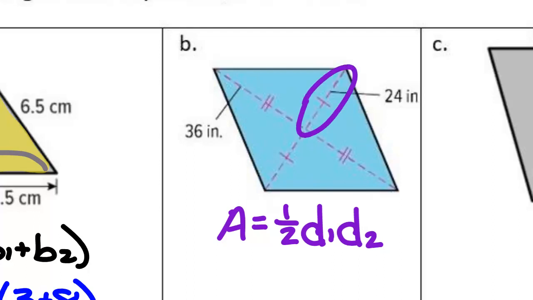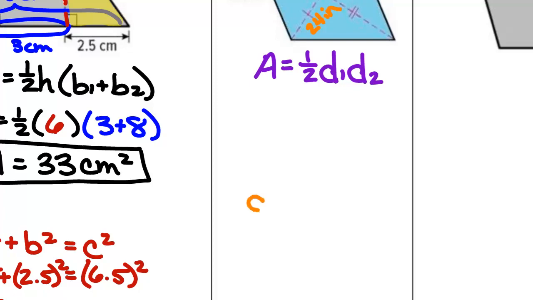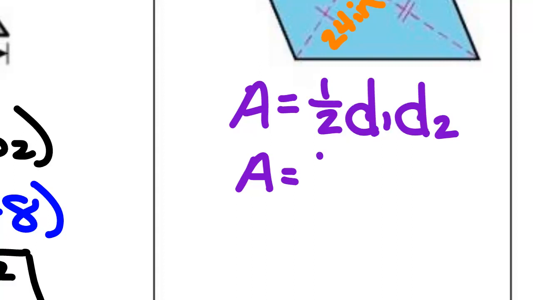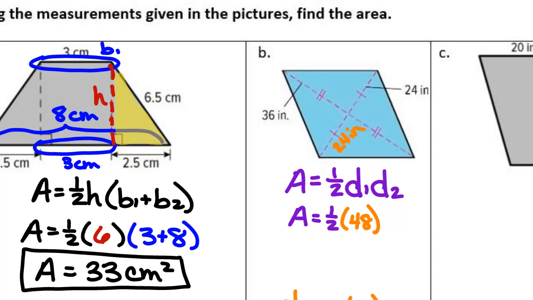Well, I know that this part right here is 24 inches. So how big is this? 24 inches. So how big is my diagonal 1 then? 48. So that's what I'm going to put in for one of my diagonals. 1/2 times 48. What about my other diagonal? This much is 36.